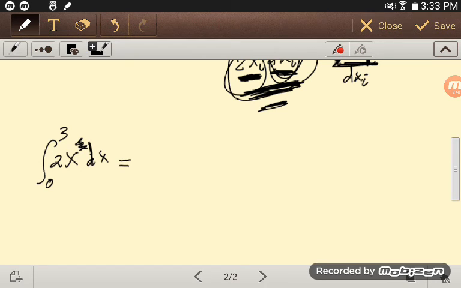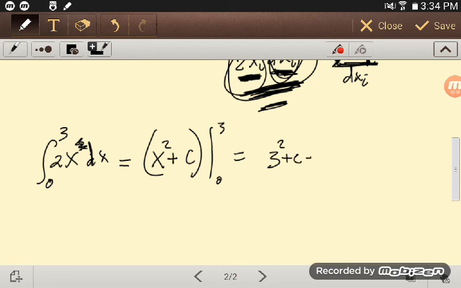then if I said, oh, well, this is the function x squared plus some arbitrary constant, we'll just call it any constant, like that. And then I evaluate that at my 0 and 3 and do the subtraction. Then you see I get 3 squared plus c minus 0 squared plus c again.